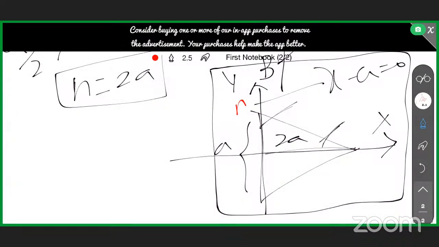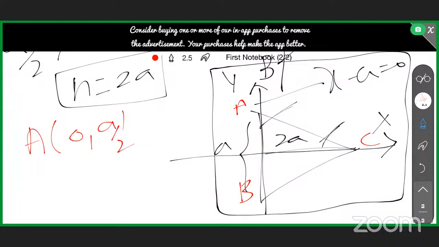This is my A, this is my B, this is my C. What will be the coordinate of A? 0, comma A? Or 0, comma A by 2?